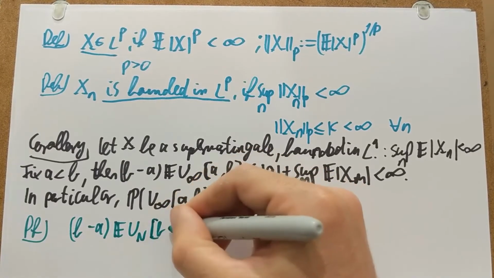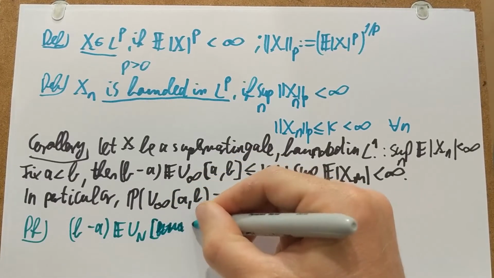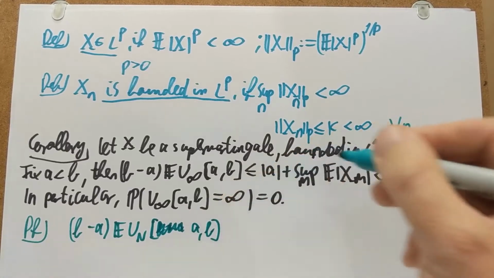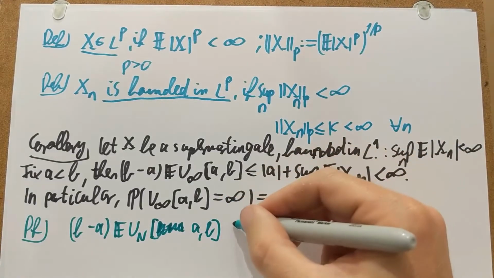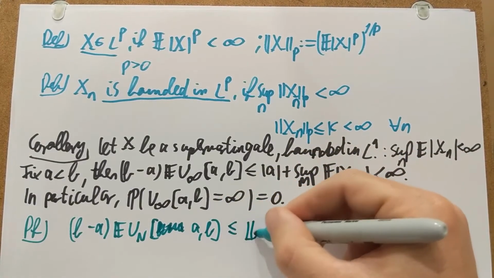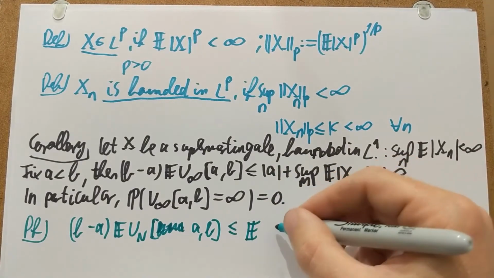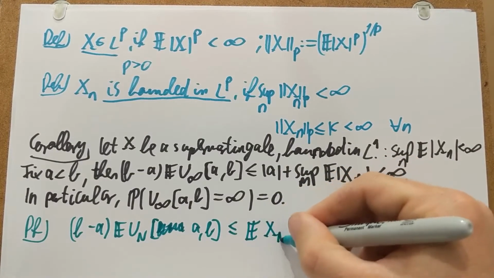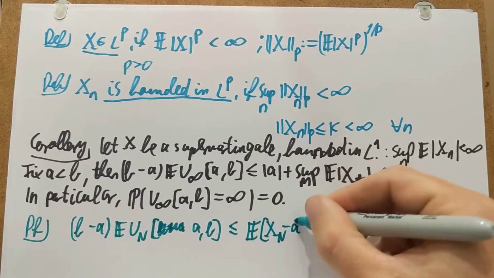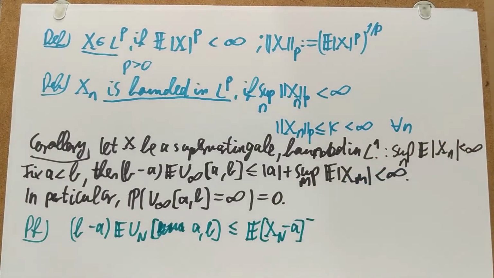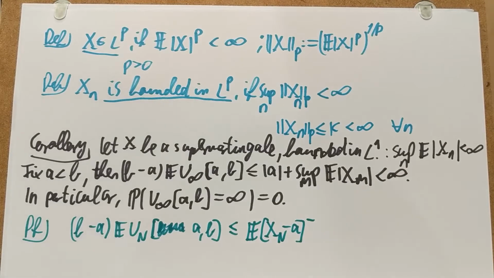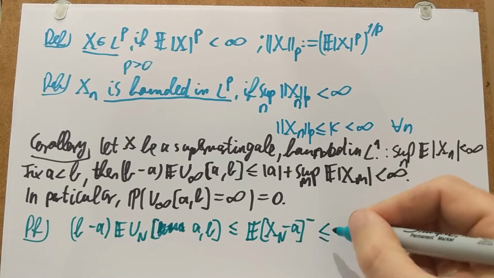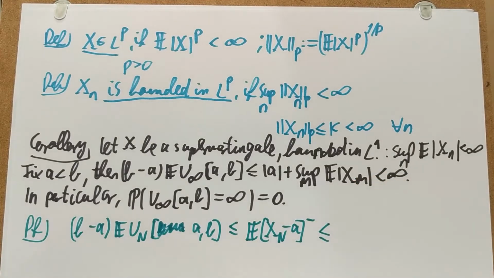The notation was U_n[a,b]. That's bounded from above by the expectation of (X_n minus a) negative part. That was the upcrossing lemma. Now notice one interesting bit, that this quantity here, the negative part, is actually one piece of the modulus.